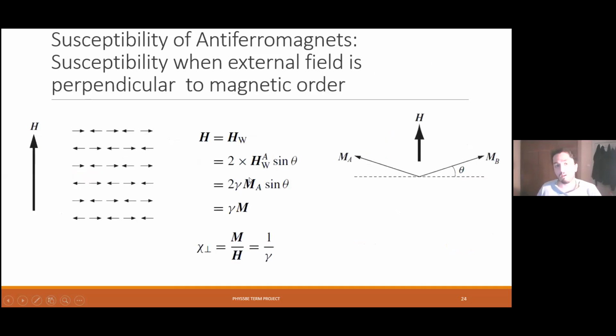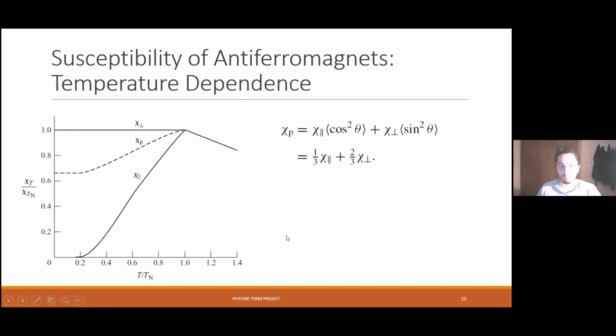But when we convert it to the perpendicular side, we observe that it's not the same thing. By doing the calculations, the spins are canting in this way, and we calculate that the perpendicular susceptibility is temperature independent. It only depends on the molecular field constant.